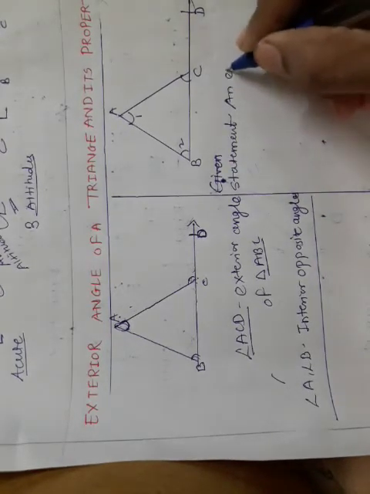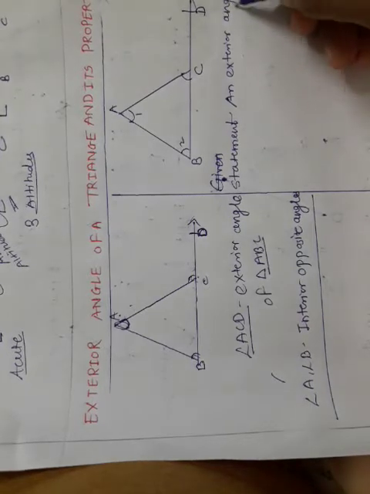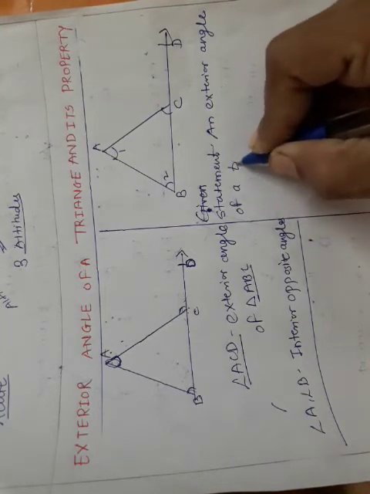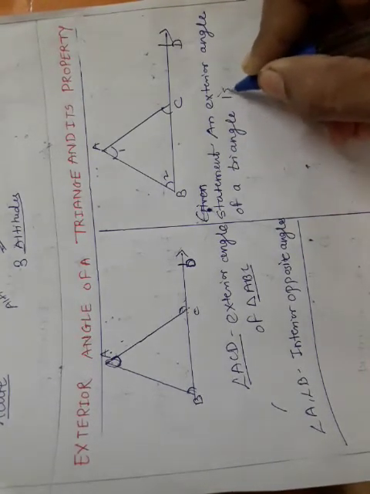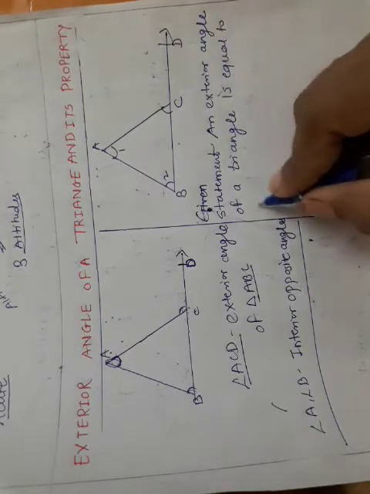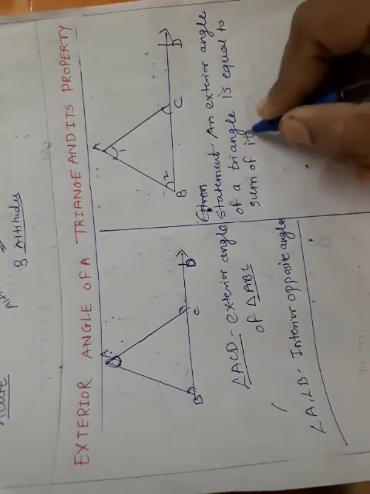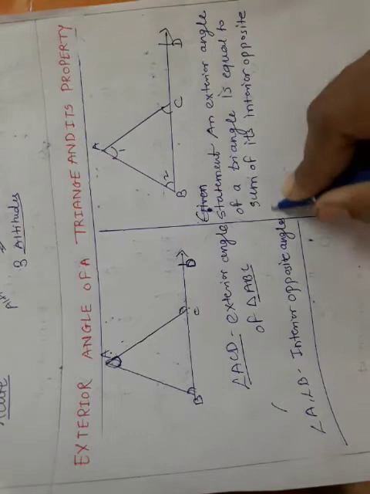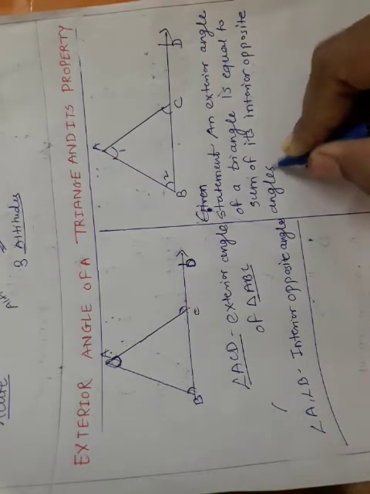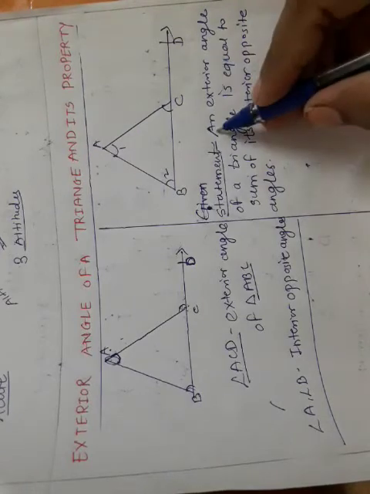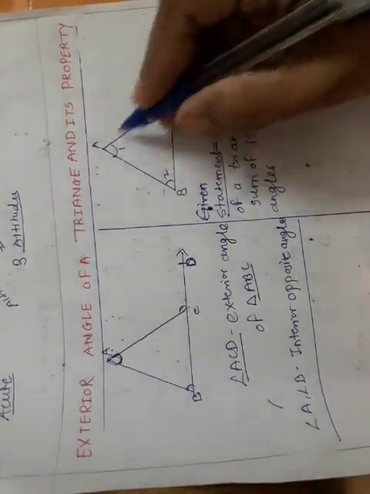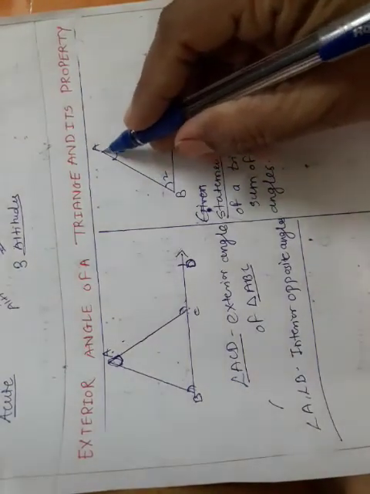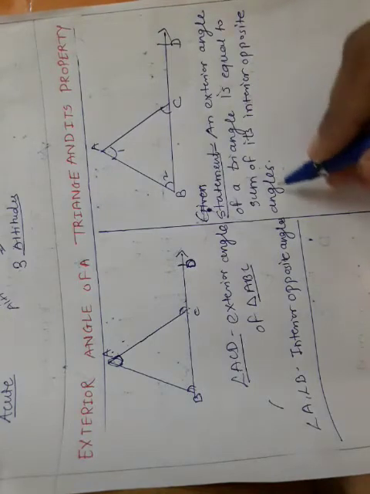An exterior angle of a triangle is equal to the sum of its interior opposite angles. Now we have to prove this statement. Angle ACD, the exterior angle of the triangle, is equal to the sum of angle A and angle B, the sum of its interior opposite angles.